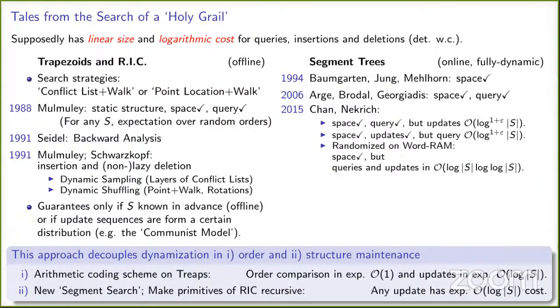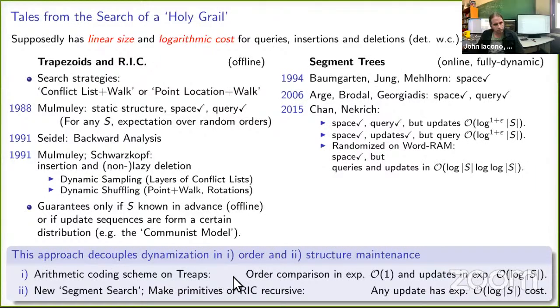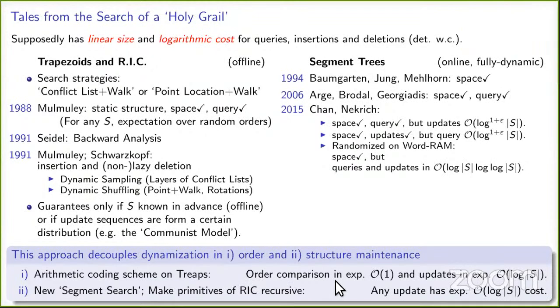The first thing is the dynamization of a priority order, and the second thing is the structure maintenance. For the dynamic order maintenance, we use an arithmetic coding scheme on treaps, which gives us order comparison in expected constant time and updates in expected logarithmic time.